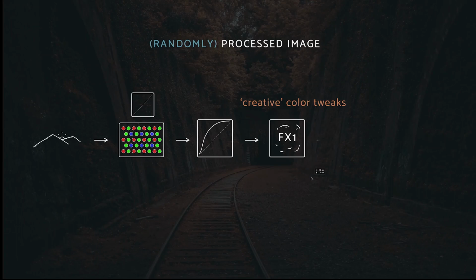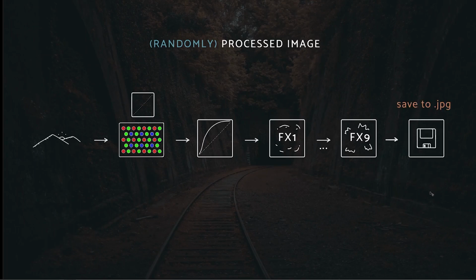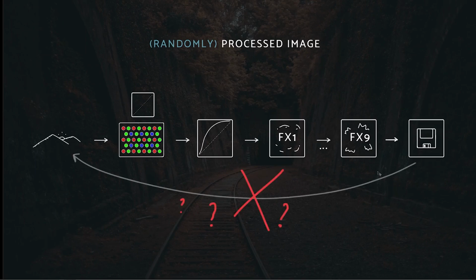And then, depending on the device, even more creative color tweaks can be applied to it, especially if it's a smartphone. It's surprising how skewed the colors may become after all the processing. And then it's all saved to JPEG, which is a compressed format. And after all these manipulations, we can practically no longer reconstruct the light that hits the camera sensor to know how this original scene looked like.